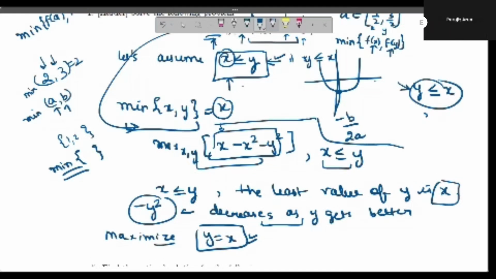So firstly x is lesser than or equal to y, and now y is equal to x.